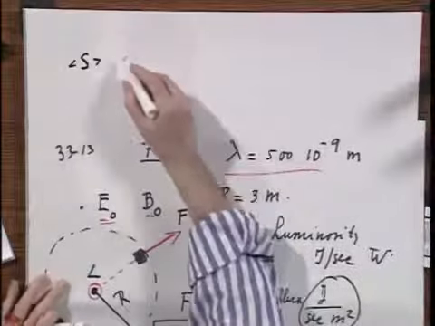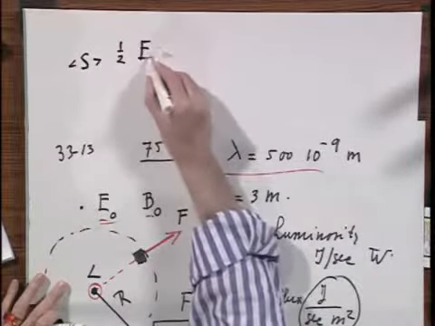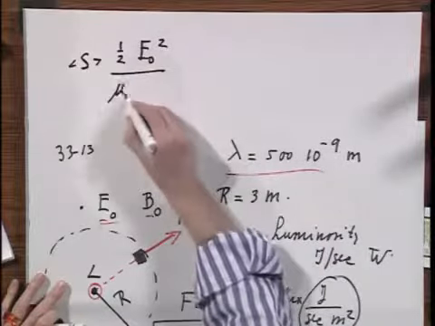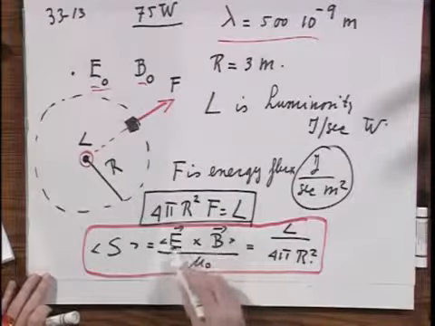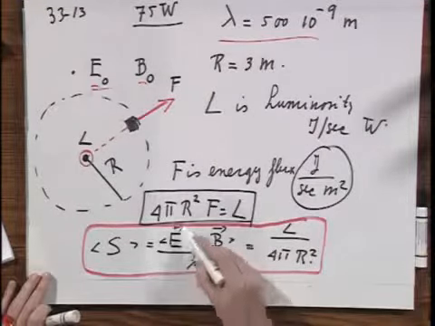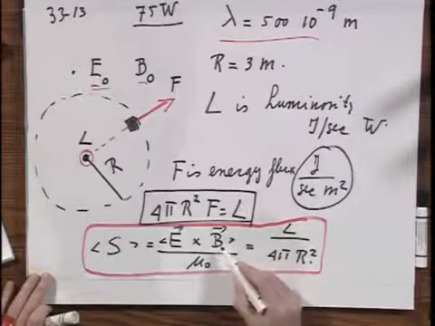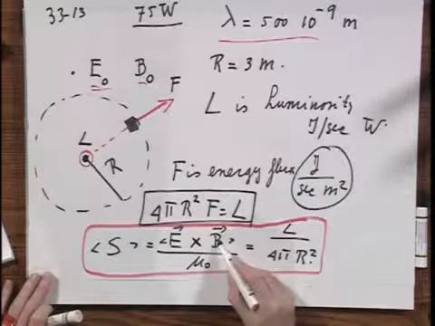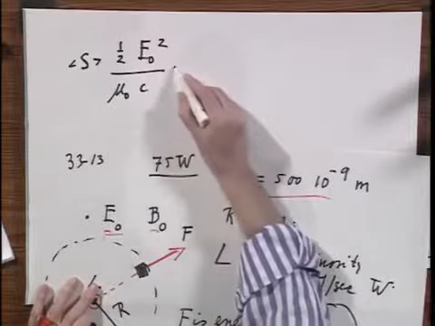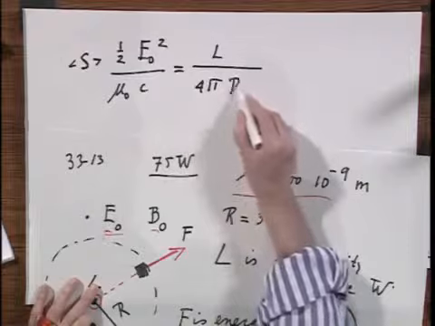Well, the mean value of that quantity equals 1/2 E0 squared divided by mu 0 times c. Remember, the 1/2 comes from the fact that you're going to get a cosine squared term in here, because this has a cosine dependence on time and this has a cosine dependence on time. They're perpendicular to each other, so I can forget the cross. But B0 is also E0 divided by c, so that's why I get this c here. And that now equals L divided by 4 pi r squared.